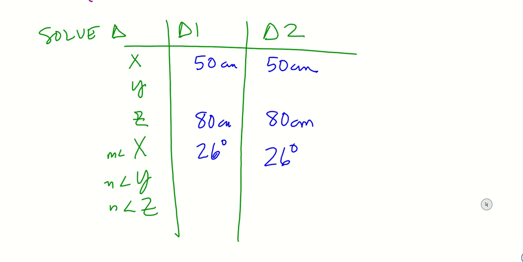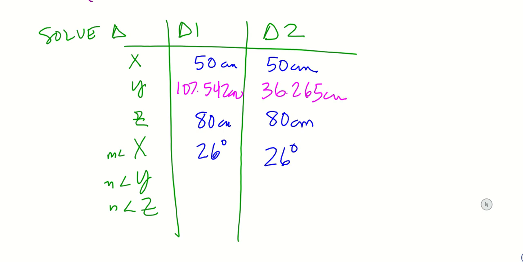And then for our first triangle, we had that side y, so this was new information to fill in. Side y was 107.542 centimeters. And for triangle 2, it was only 36.265 centimeters. So that's my smaller triangle.